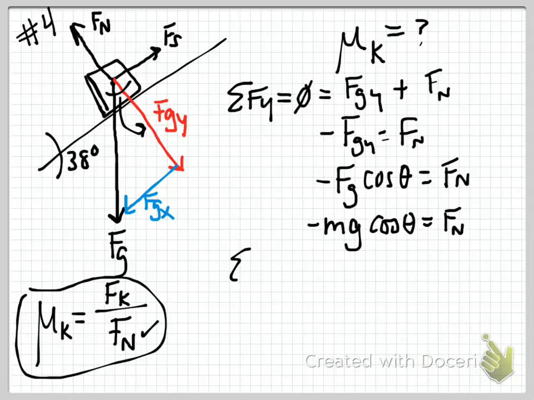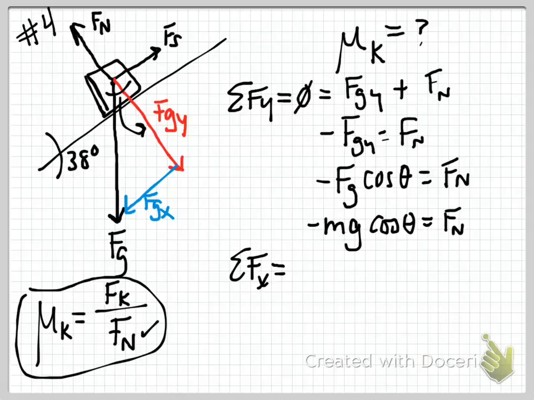Let's do a sum of forces on the x. What is the sum of forces on the x? It's equal to mass times acceleration, yes. Because we've tilted the x-axis like we always do. What's the acceleration? 0.